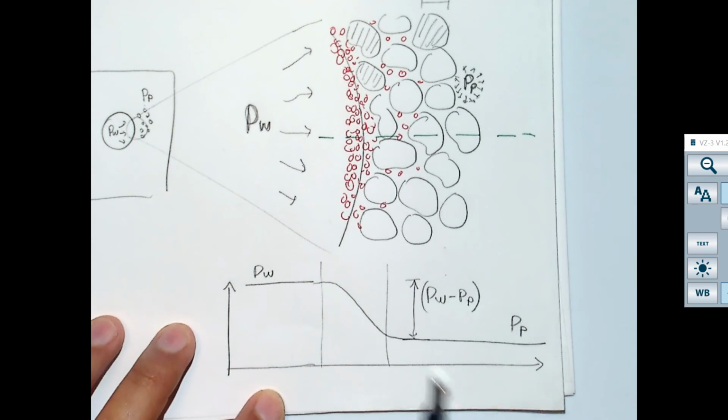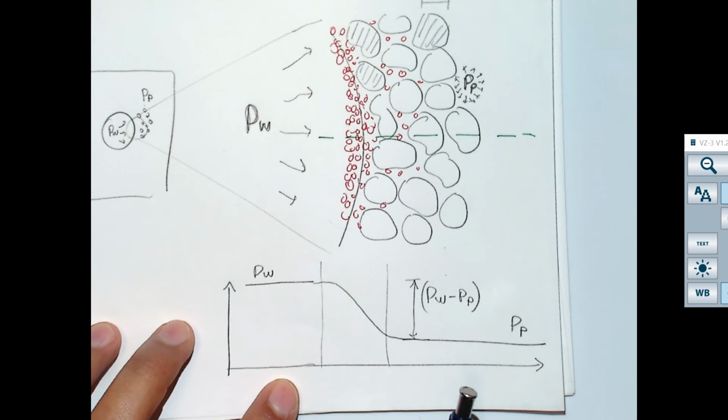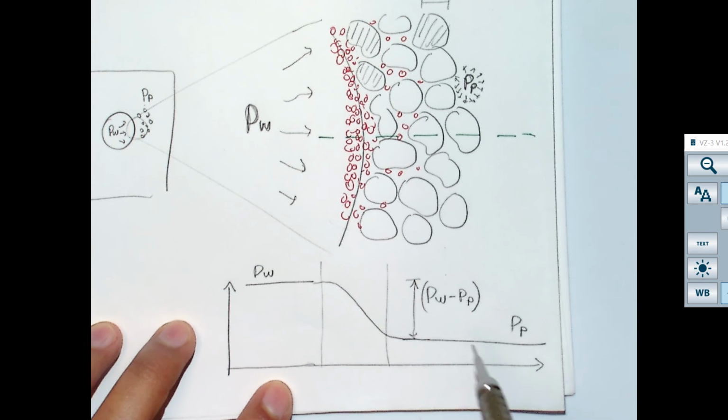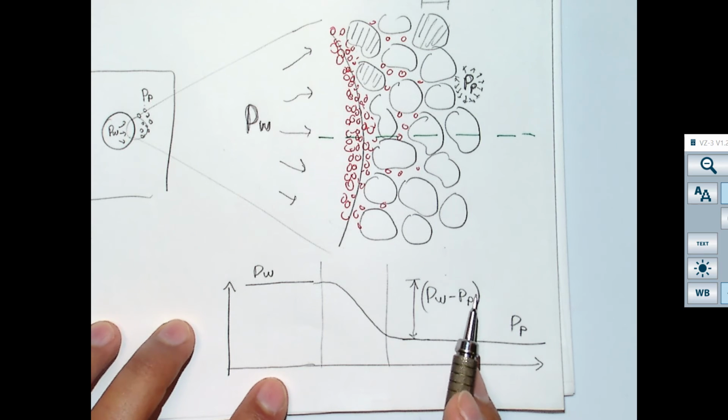And that difference is what is really applied on the wall of the wellbore. What forces make possible this stress?